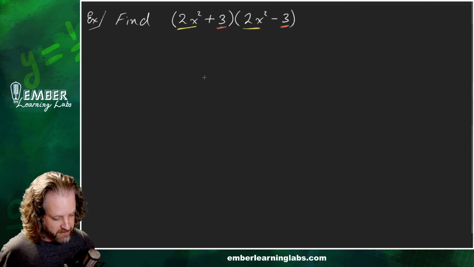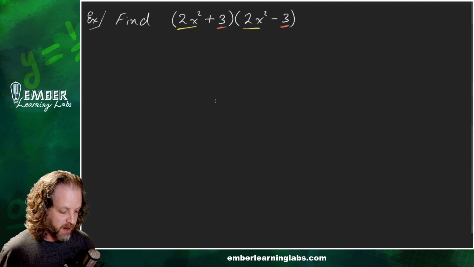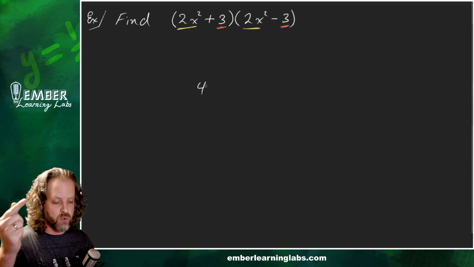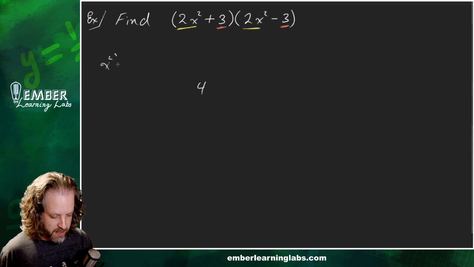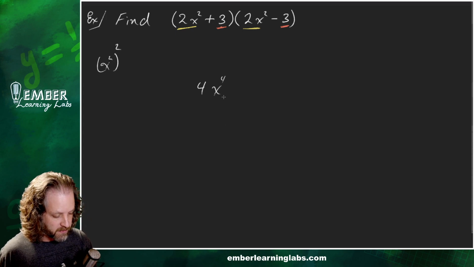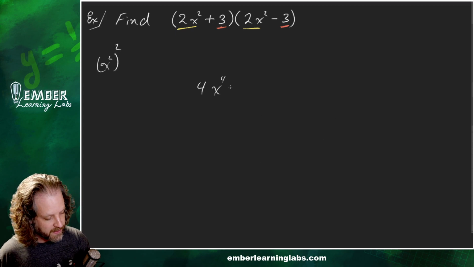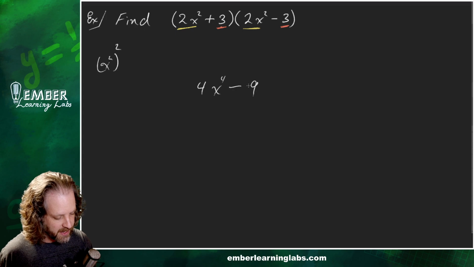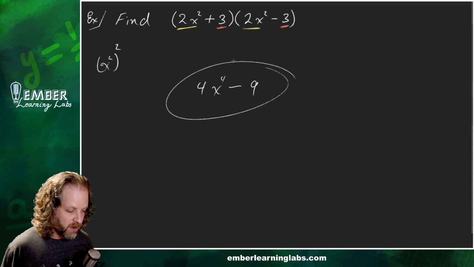So this is going to turn into just a squared. So 2 squared is 4, x squared squared. When we have a power to a power, we multiply, 2 times 2 is 4. So x to the 4th. And then minus b squared, so 3 squared is 9, and that is all she wrote for that.